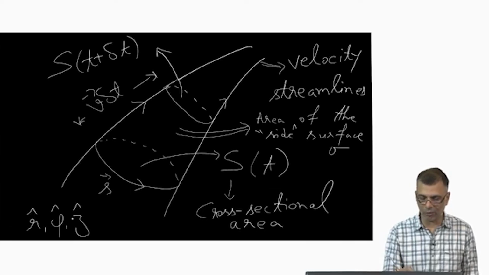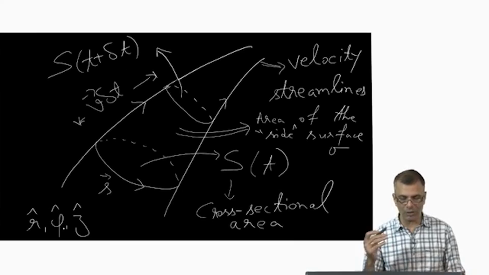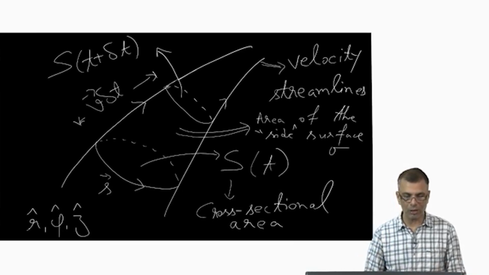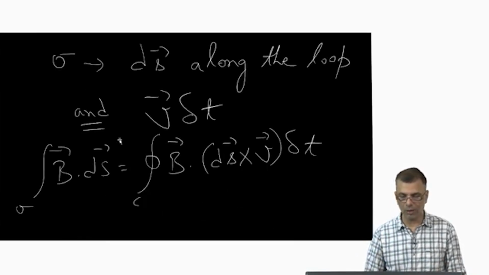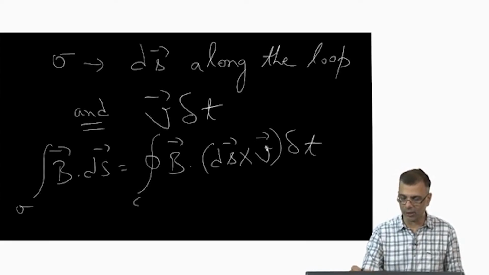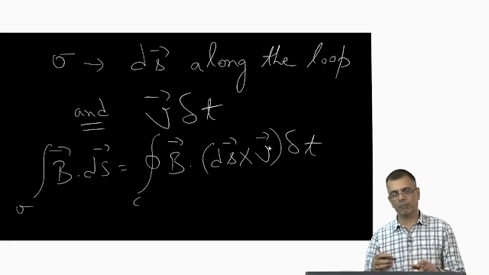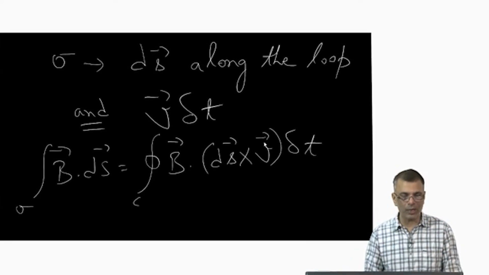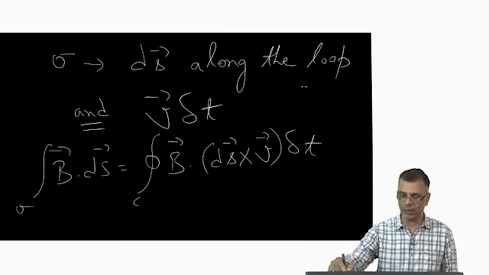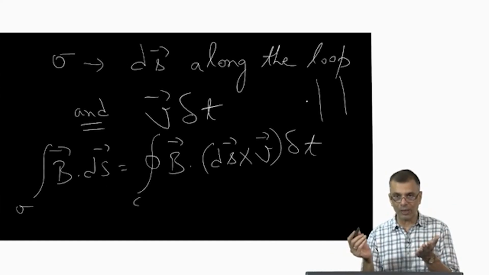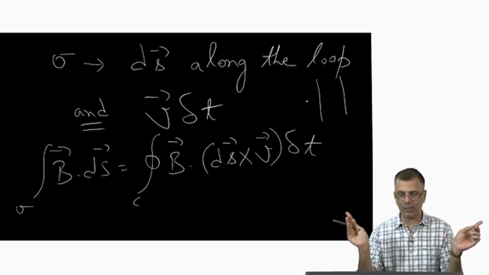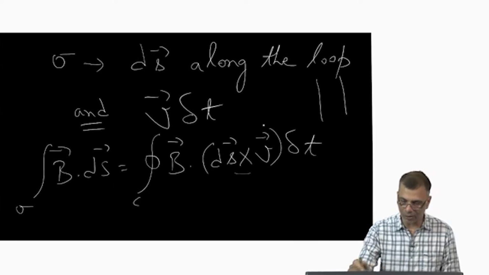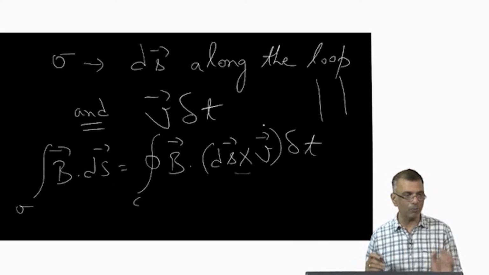So phi cross z gives you r, and so ds cross v would be in the phi hat direction and this in the z hat direction, and crossing these two gives you r hat. So when we talk about the side surface of a cylinder, the outwardly directed area element is indeed along the radial direction. That is the reason we write this cross product, and it is very, very important.